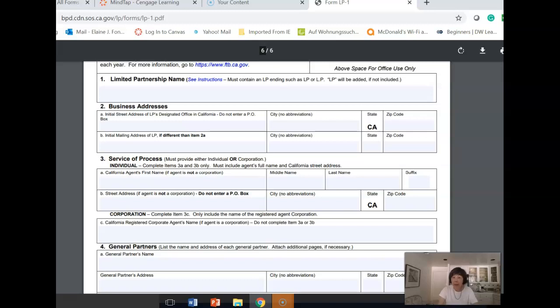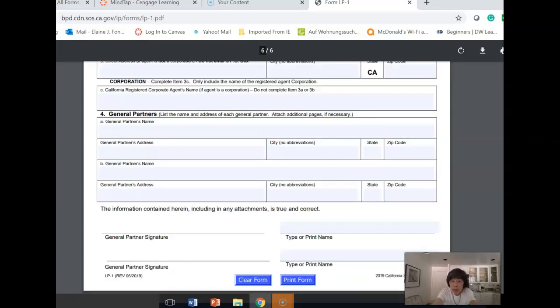So someone has to be identified here. Typically, it could be the general partner. It could be the attorney that represents the limited partnership. It can be anybody. The LP1 certificate requires identification of the general partners and how they can be contacted. And that's pretty much it. It needs a signature, and it needs to be filed with the state.